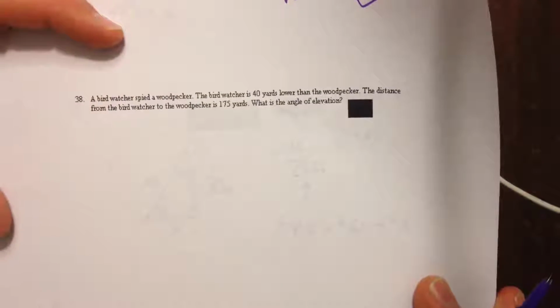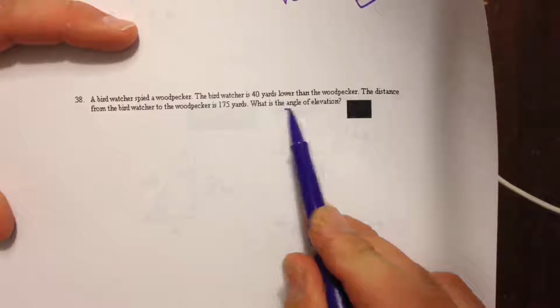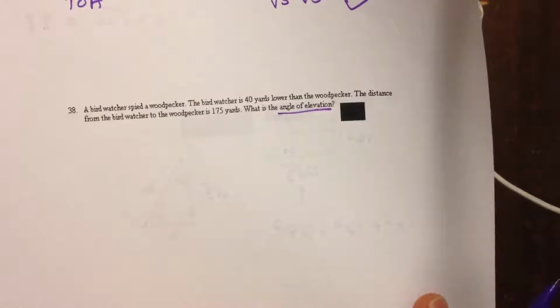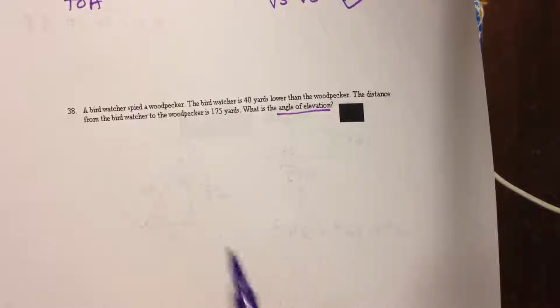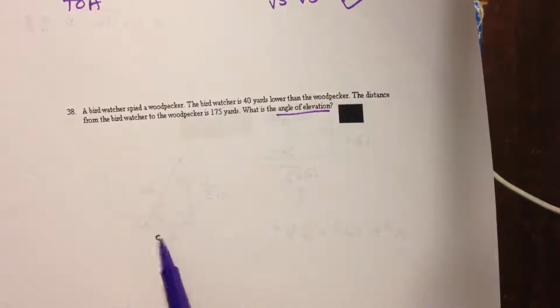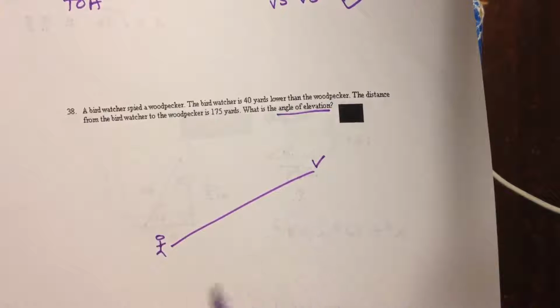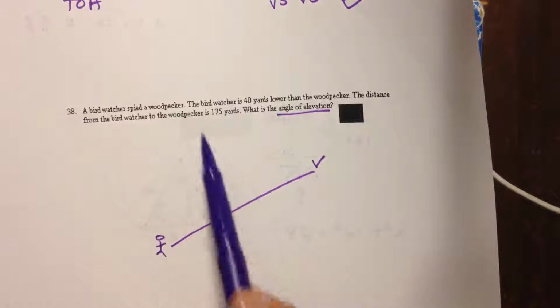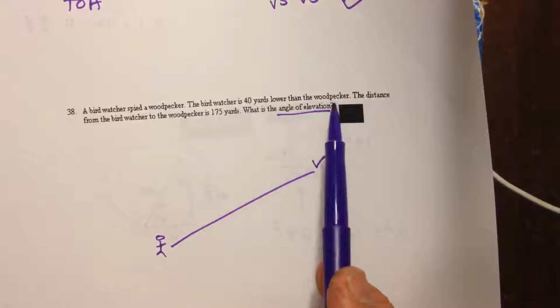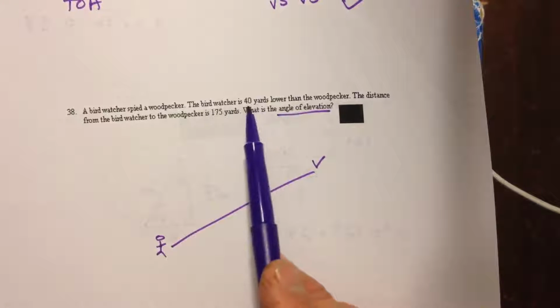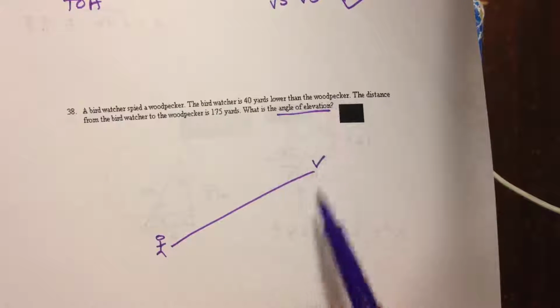Okay, this one. We didn't do this per se, angle of elevation, but this isn't that hard of a problem. So basically, all we have to do is think about a person standing here. So that's a great drawing, isn't it? And then we have a bird up there, and it says that the bird watcher is 40 yards lower than the woodpecker.